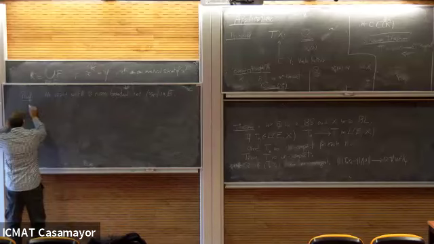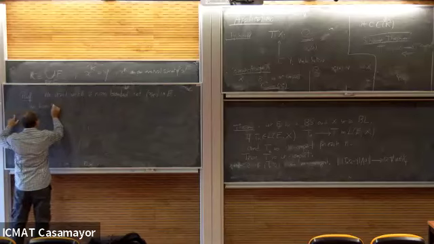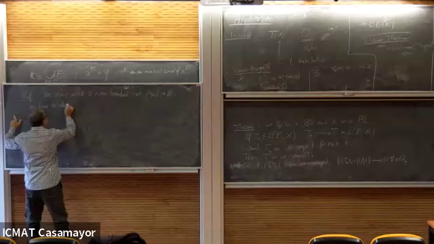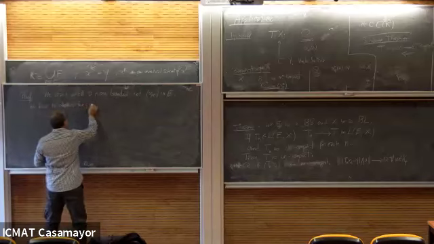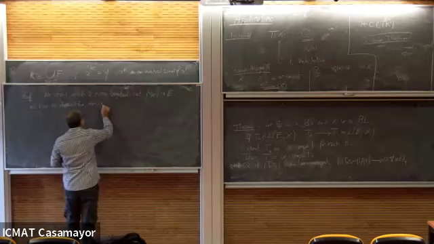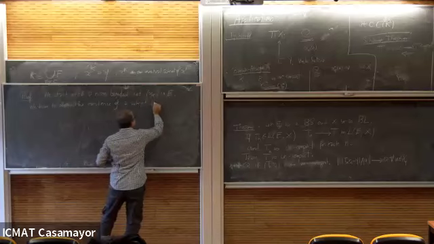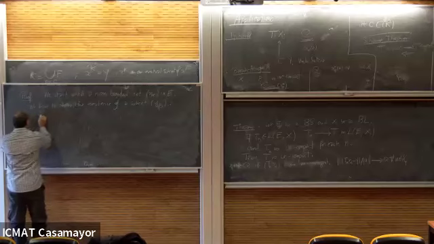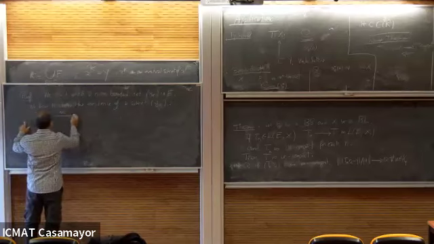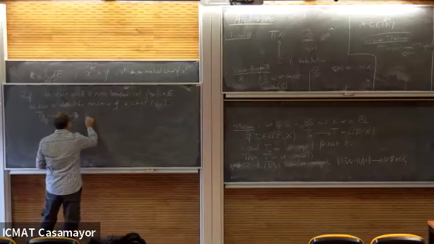So we have to show the existence of a subnet y beta such that T y beta converges UN to some z, say.